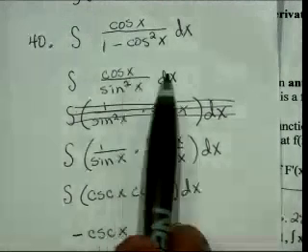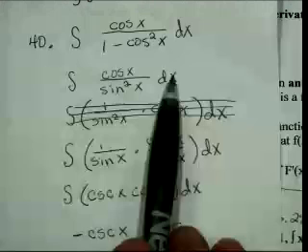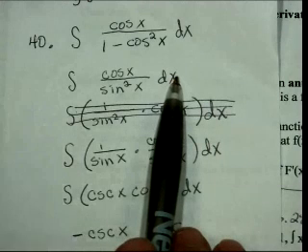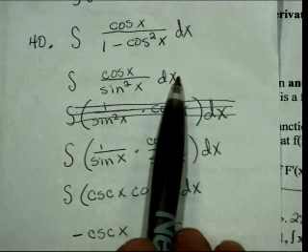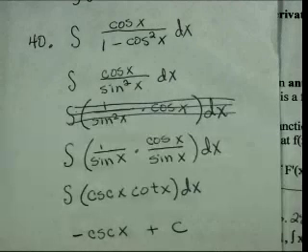And as always, as long as we're dealing with polynomials, algebraic functions, those are easy. When you get into trigonometric functions, it's going to take some more work. So you rewrite the integrand as one of the formulas that you have memorized.